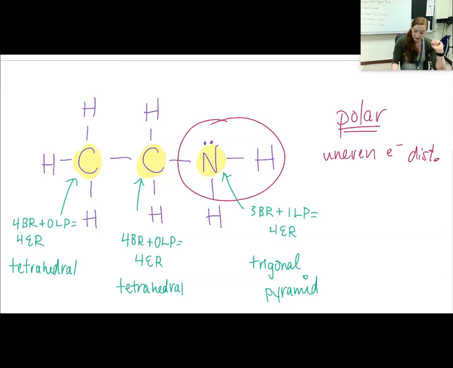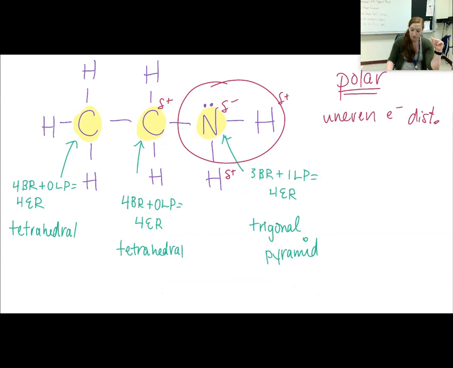We also can see that if we look at electronegativities, we're going to get a polar bond between both the carbon and the nitrogen and the nitrogen and the hydrogens. We've got an asymmetrical structure and we've got polar bonds that are not symmetrical.